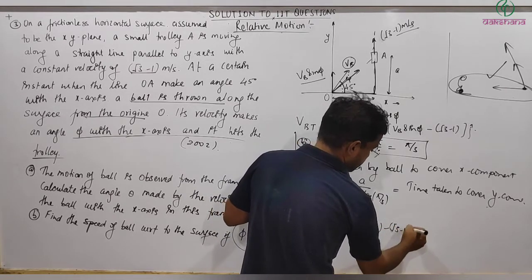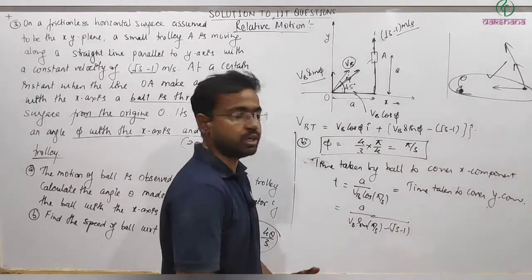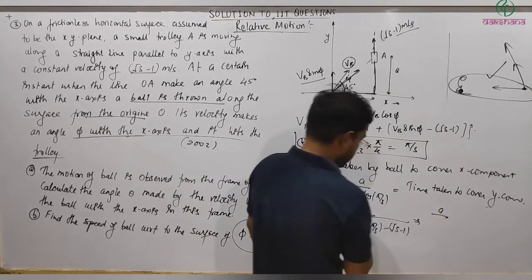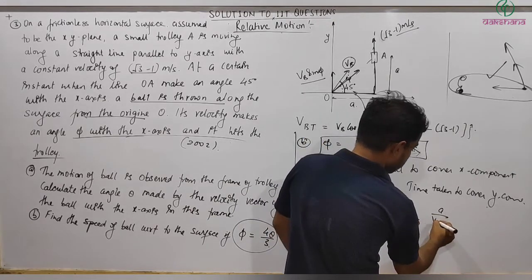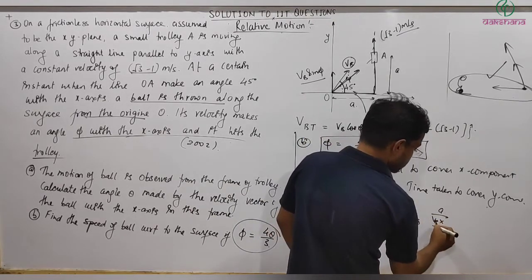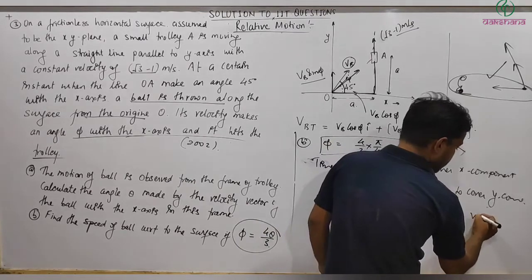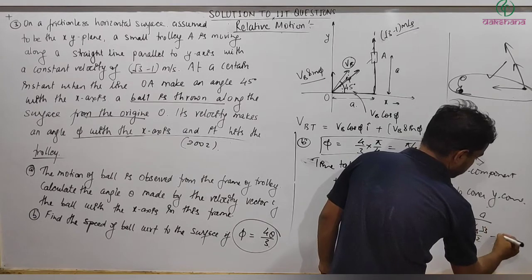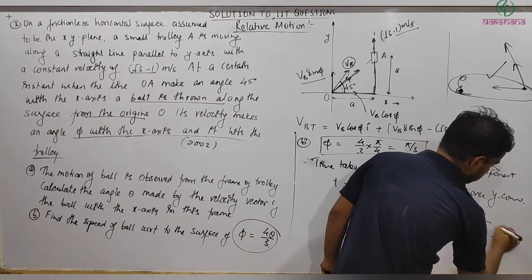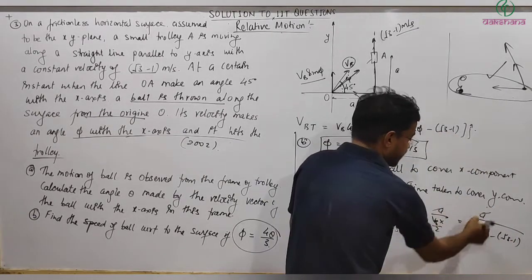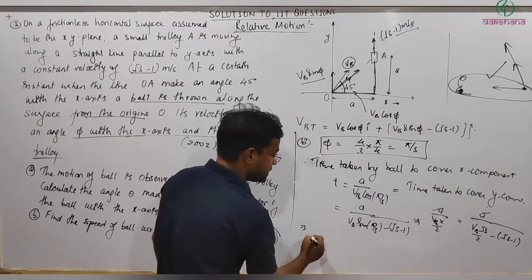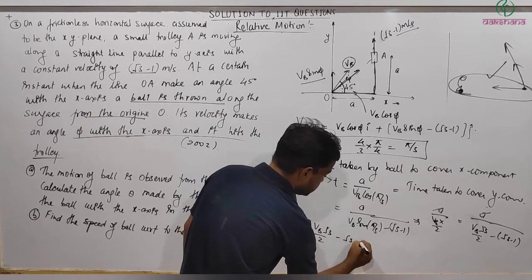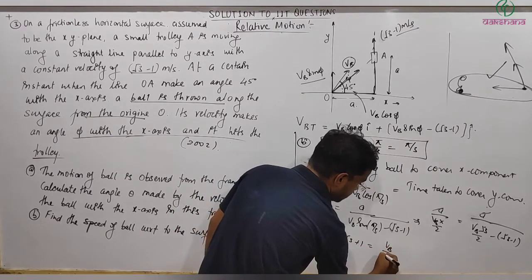and that is equal to A divided by VB sin pi by 3 minus root 3 minus 1. It means these two things should be equal. If I substitute, A divided by VB cos 60, which is VB by 2, must be equal to A divided by VB root 3 by 2 minus root 3 minus 1. Just A cancelling out and rearranging it, I am getting VB root 3 by 2 minus root 3 plus 1 is equal to VB by 2.